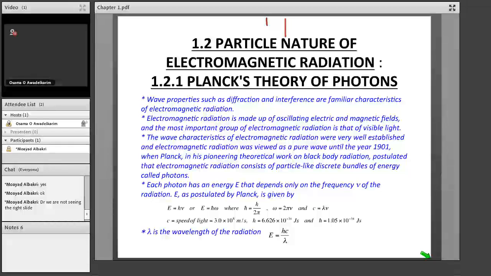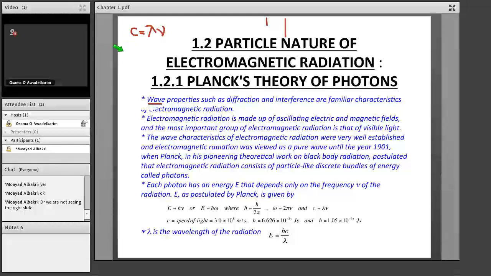What we come up with is that we can look at electromagnetic radiation as waves, and if we look at them as waves, they always move with a speed c, such that the wavelength times the frequency is equal to c.